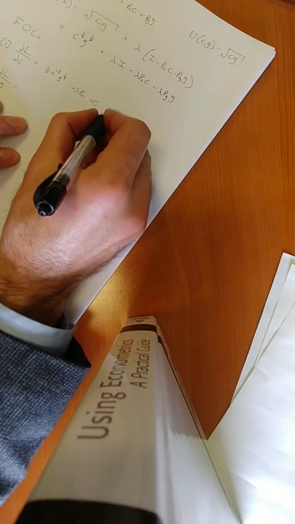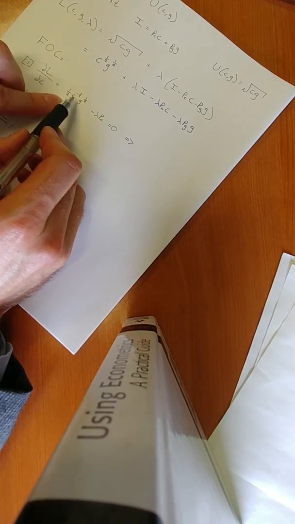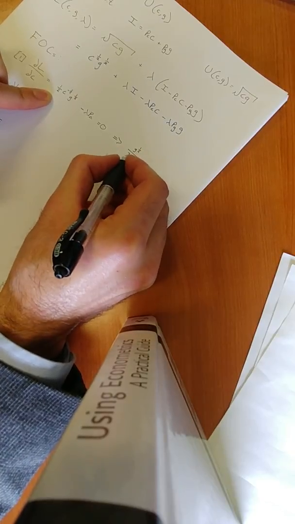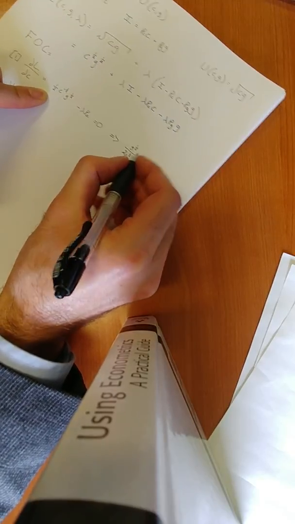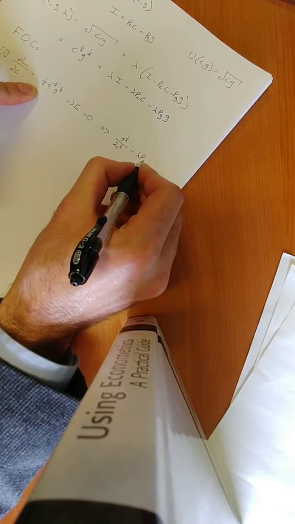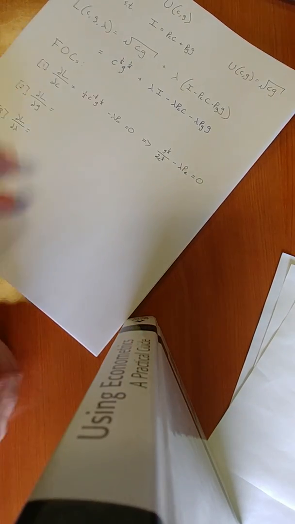So this all equals 0. Now I'm just going to rewrite this and simplify it a little bit, so it's G to the 1/2 over 2C to the 1/2 minus lambda PC equals 0.